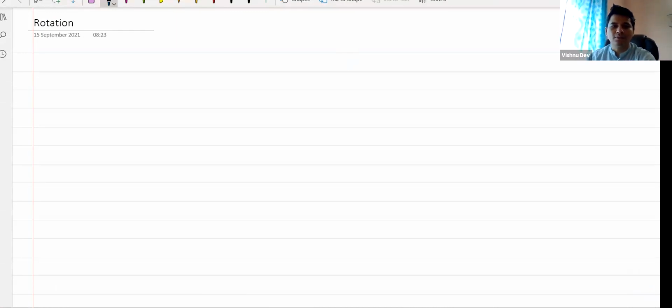Now, when we talk about motion, in the second chapter, what are the different types of motion that we studied in class 8? Very basic. Rectilinear, circular, very good.